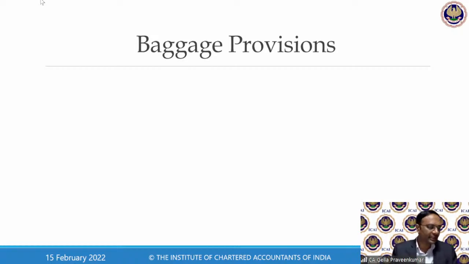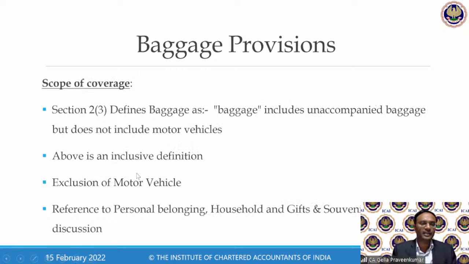Now, starting with your definition of baggage. Section 2, clause 3 talks about the term called baggage. This term baggage includes unaccompanied baggage but does not include motor vehicle. Now, this is a thin definition. When I say baggage includes, it is illustrative.